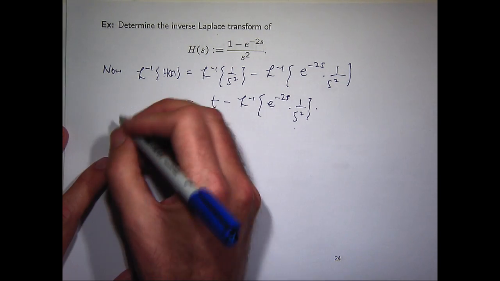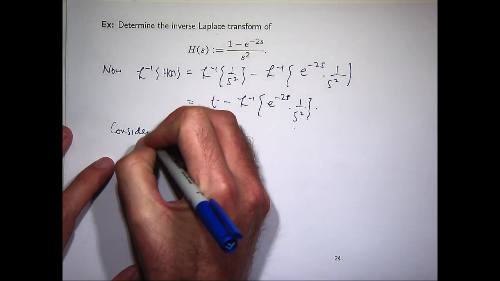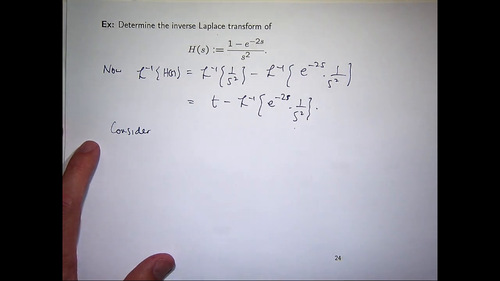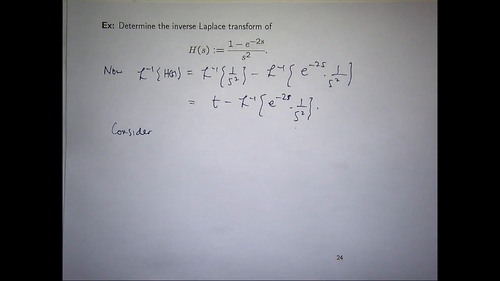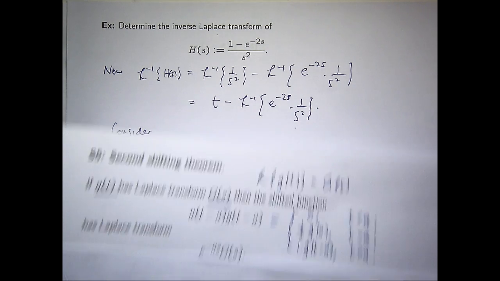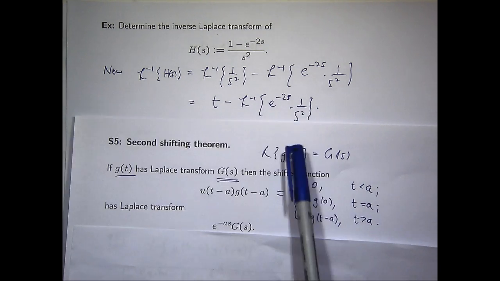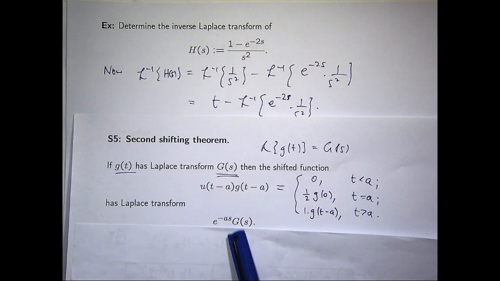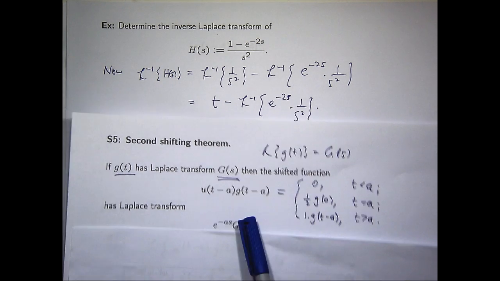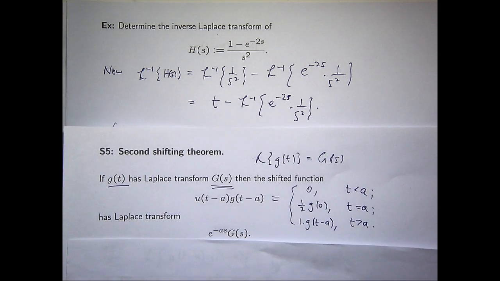So let's consider the following form. Essentially I want to build that from that. So A would be positive 2, and big G of S would be 1 on S squared.